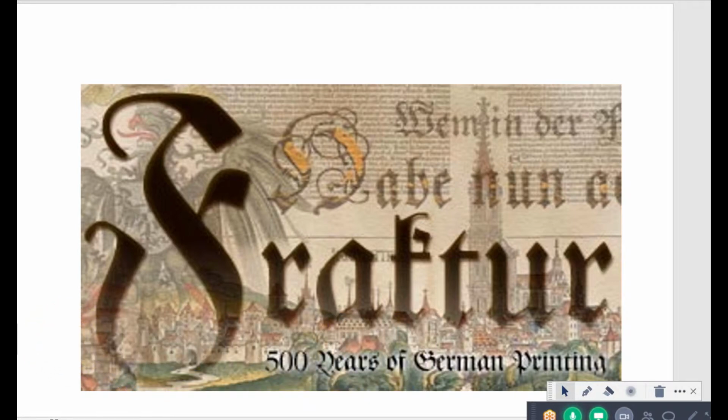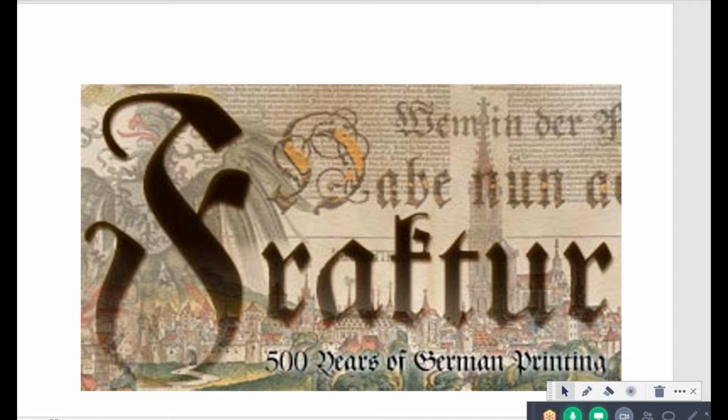A little bit more background on the history of the Fraktur before we go into this next small passage. This week is a series of exercises in identifying the letters and reading the text in Fraktur, which you will probably encounter in your research if you do anything in early 20th or 19th century texts.